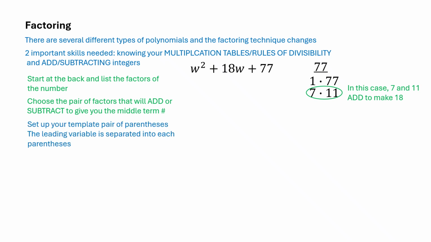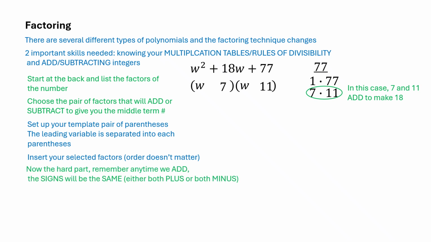Okay, so let's set up our template with the pair of parentheses. The leading variable, which is w squared, is separated into each parentheses, which is w times w. Now you can put your factors, 7 and 11, order does not matter, into the parentheses in the back.